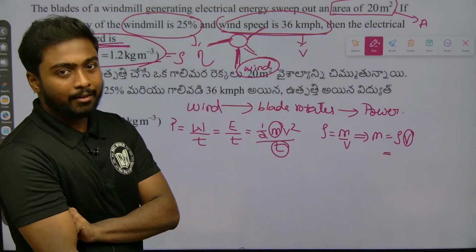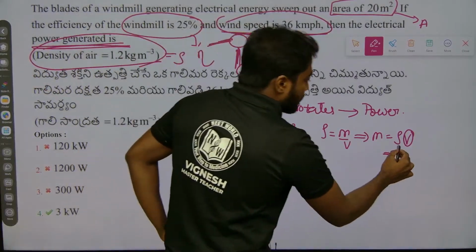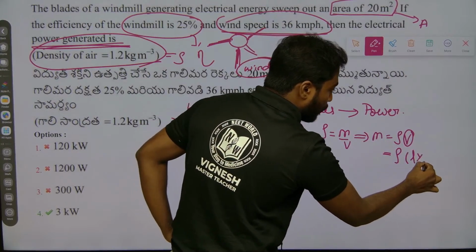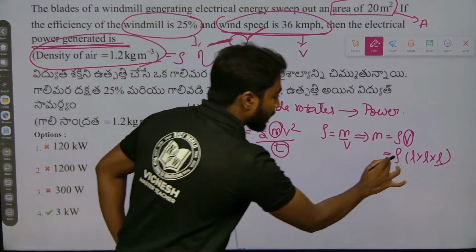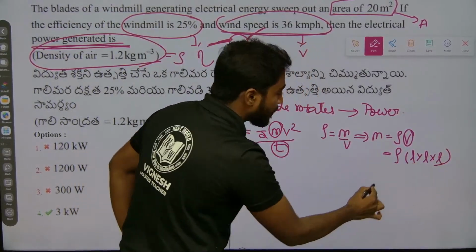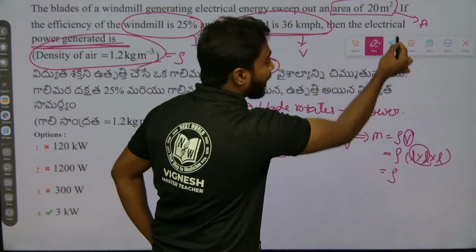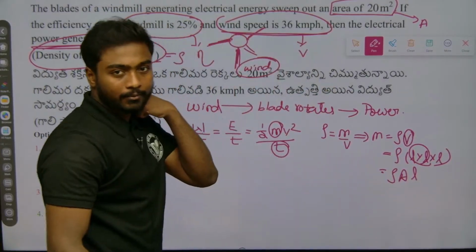For your understanding, I have written length into length into length. So I can write this as rho into area, then length.